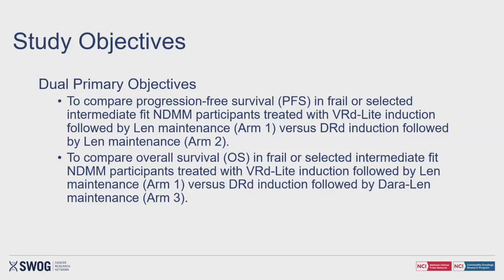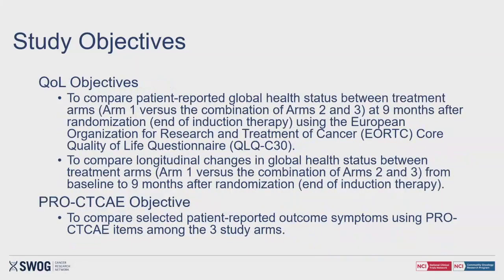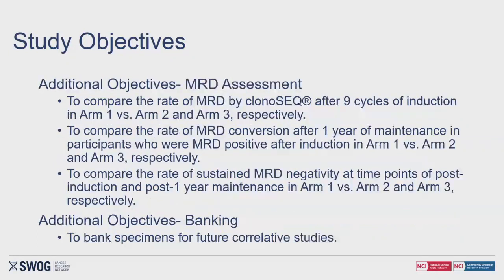Next slide. Okay, next slide. Well, okay, there's a quality of life component, which is very important, especially in this population. Next slide. I realize I'm glossing over a lot of critical things, but for now, I just want to get the high points out.